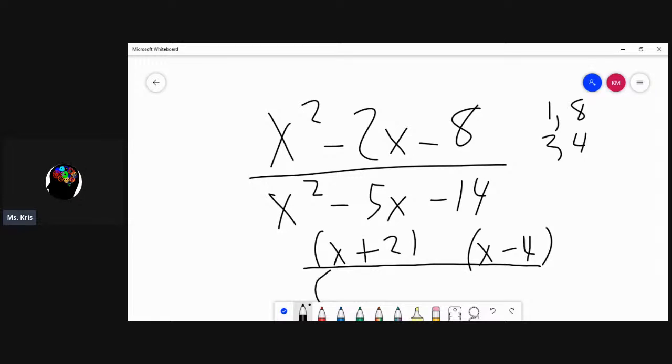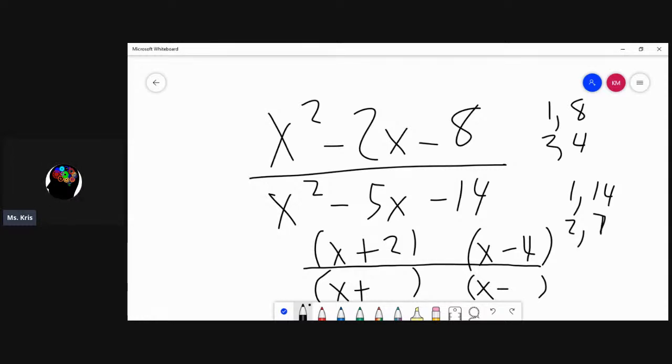Okay. Next we have x squared minus 5x minus 14. So now I have an x plus and x minus. What multiplied together gives me 14? What subtracted from each other gives me a negative 5? We know that the pairs for 14 are 1 and 14, and 2 and 7.